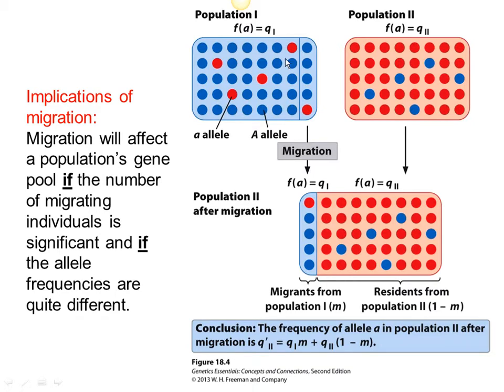So for example, if you have population 1 and population 2, which are genetically quite different, then if a reasonably sized group from population 1 moves into population 2, you can see in this example the number of blue alleles after the migration doubles from what it was.